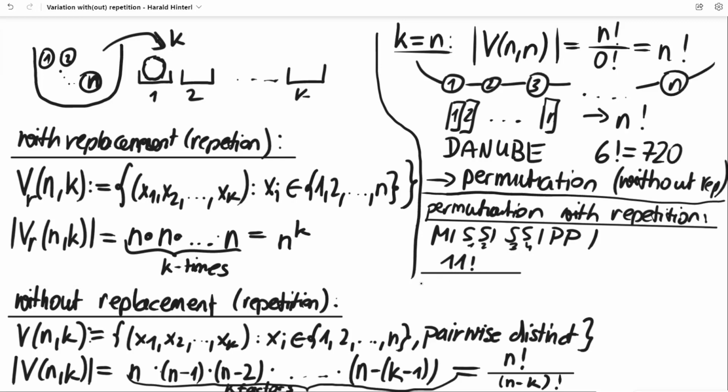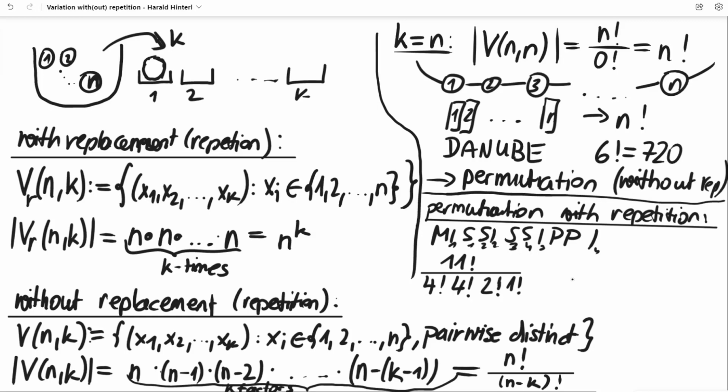We have to reduce these 11 factorial by these 4 factorial permutations. And the same you do for P and for I. Again, for I we have 1, 2, 3, 4. So if you interchange I1 and I2, it doesn't change the word. So you reduce by these 4 factorial coming from I, 2 factorial coming from P. And if you want, for completeness, you can write 1 factorial, which is 1, for the M.